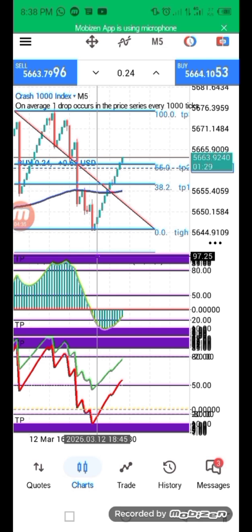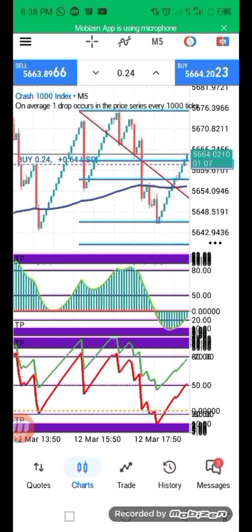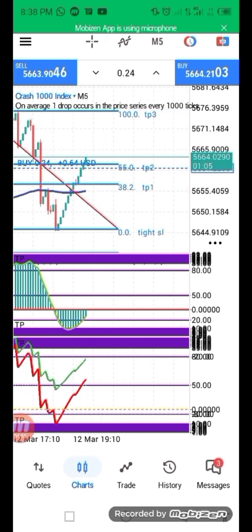Remember the conditions for placing a buy: the bearish momentum, which is the red signal, should be in the oversold zone here and not repainting. In other words, it does not leave the zone when you move the price to and fro.